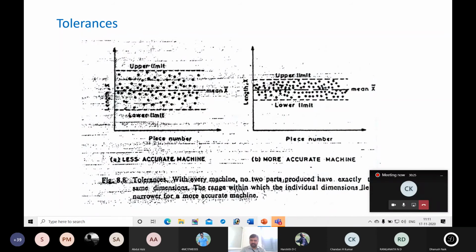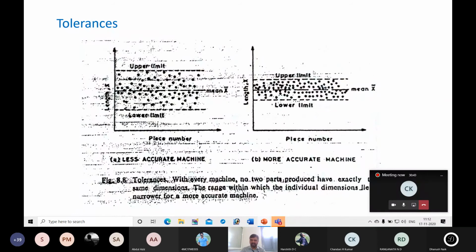Compared to a traditional machine or less accurate machine, in modern machines or CNC, you can get a better finish, or you can get values which are closer to the true value or required value.